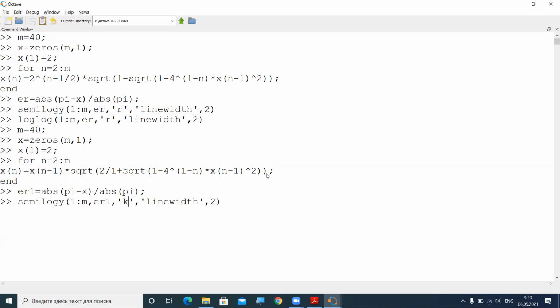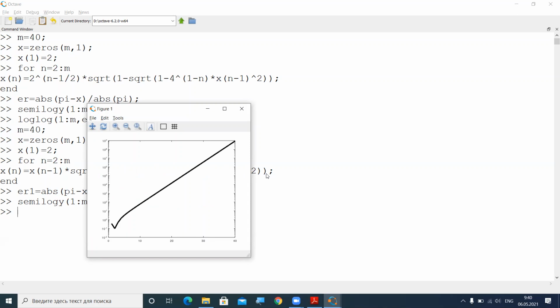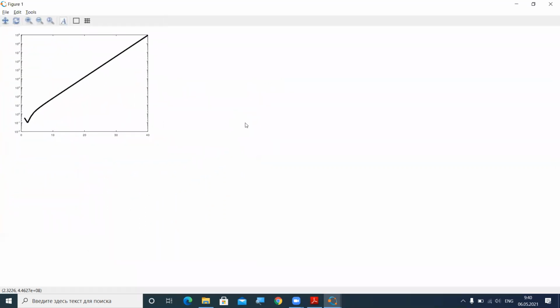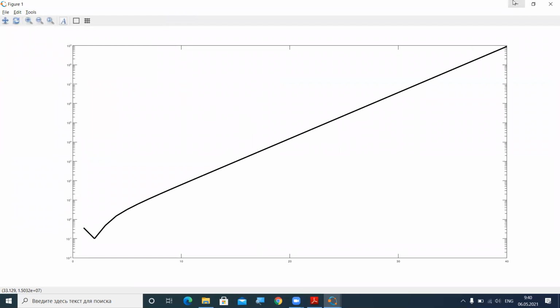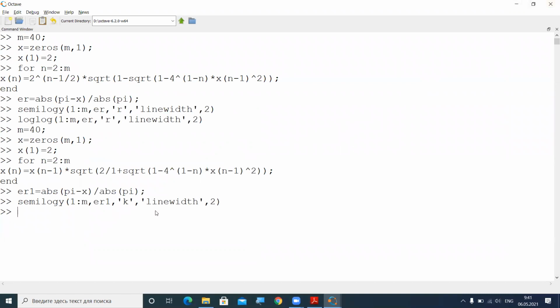Let's do black. And you can see the graph of this function here. This kind of graph we'll get. Okay? Yes, I understand. Good. Sorry, let me check this function one more time.